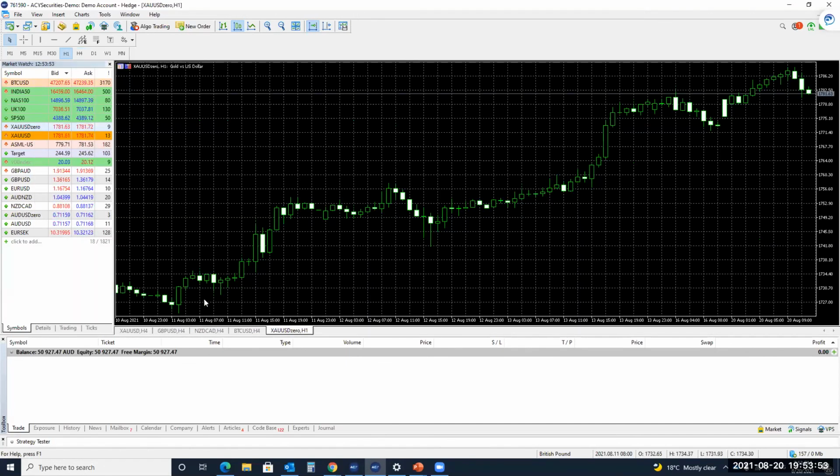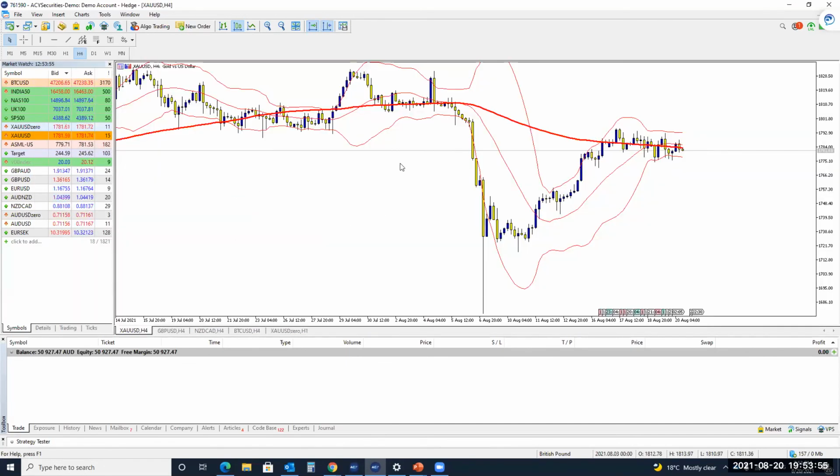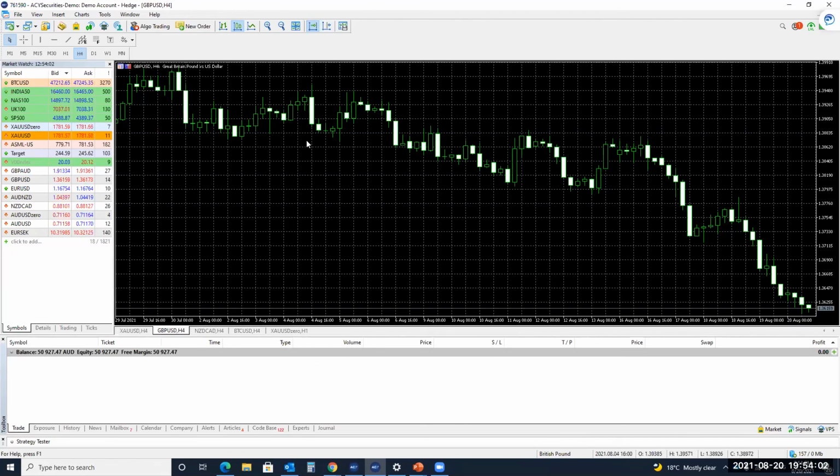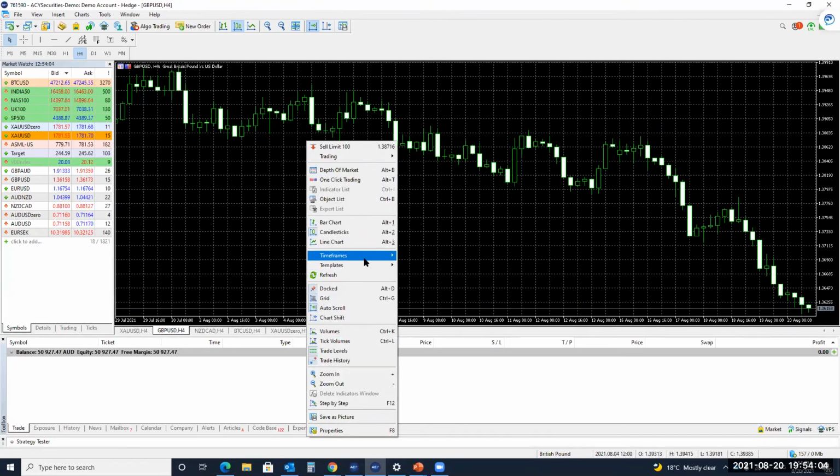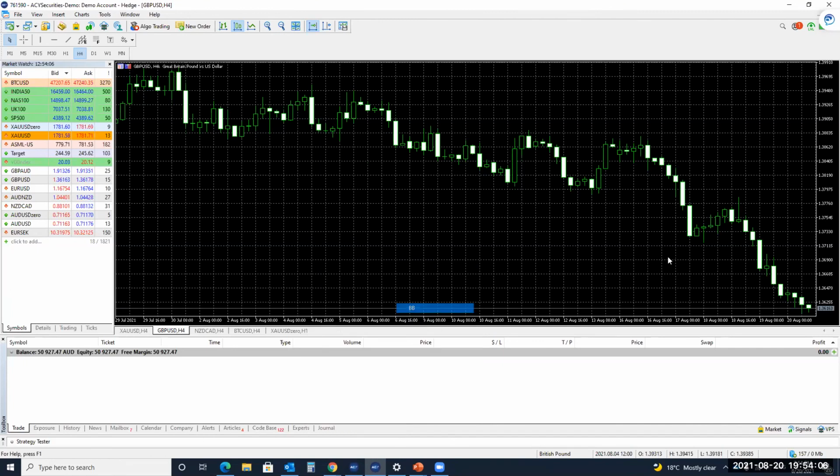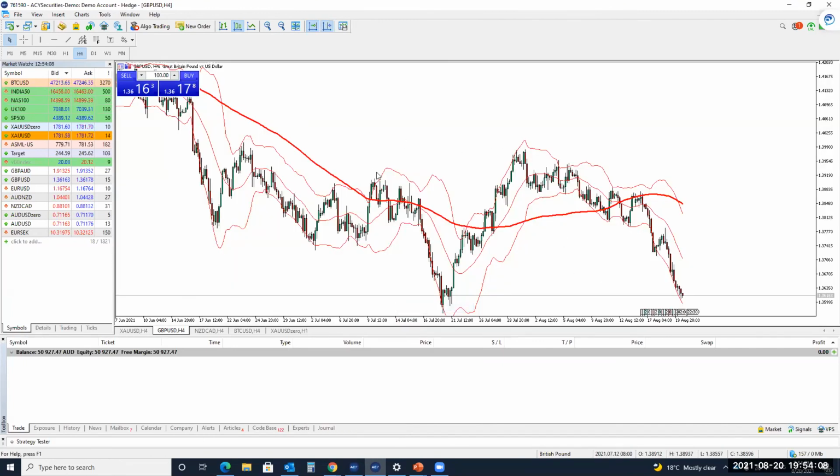Every time you open up the same chart window, there is a hotkey for it, and it'll open up that chart for you. Otherwise, it's quite simple. Let's say we've loaded this chart. We can go to our templates, and from there we select BB. We have our Bollinger Bands and our moving average on the chart, ready to go.